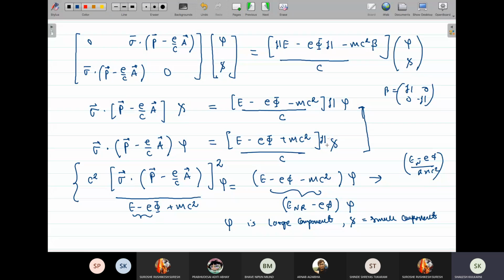So this component is the smaller component.